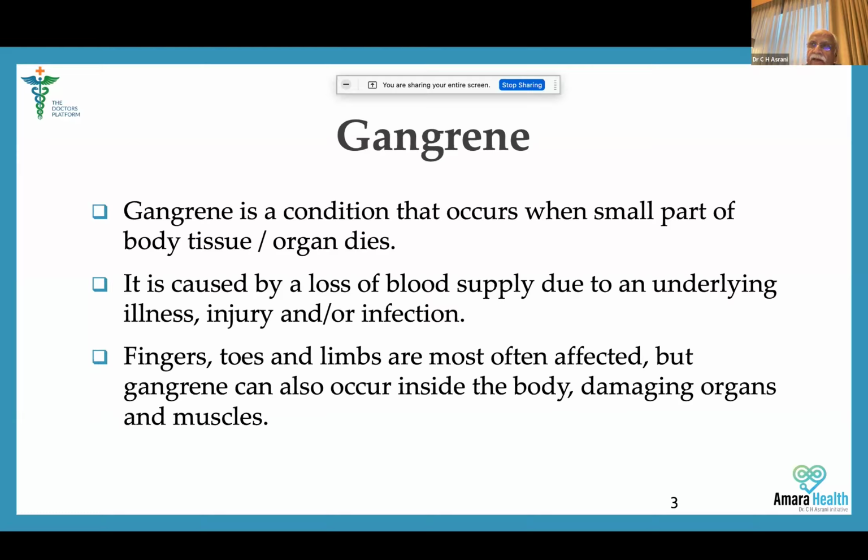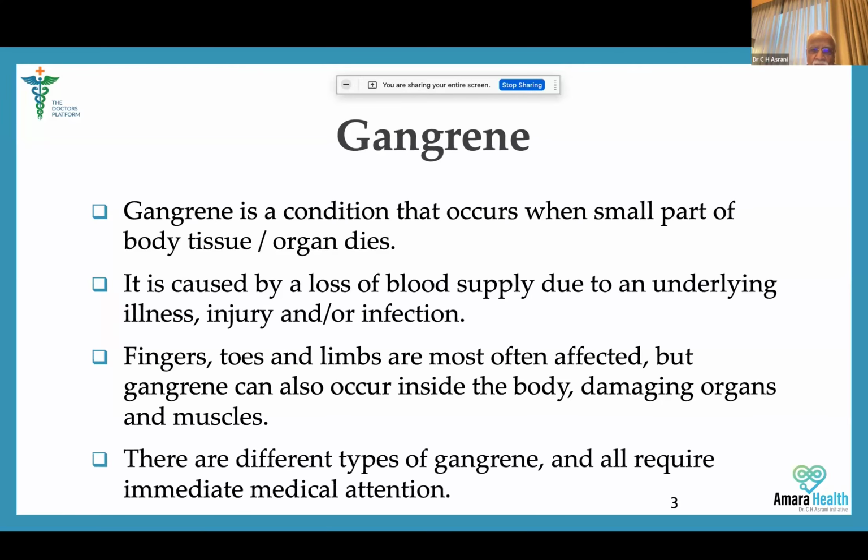Obstructed hernia, if delay in surgery, the part of intestine that is obstructed may turn gangrenous. There are different types of gangrene, but all require immediate attention. Basically, dry gangrene and moist gangrene.